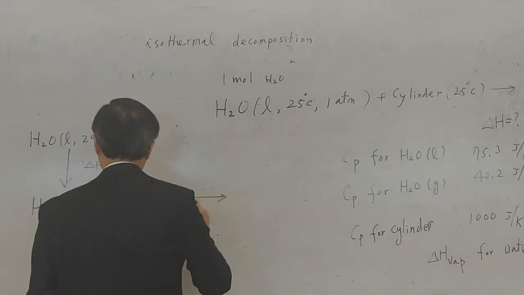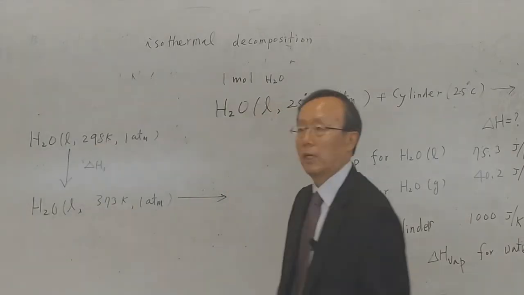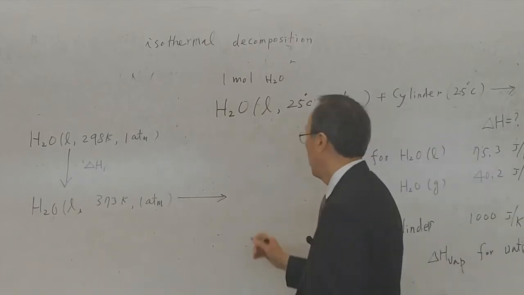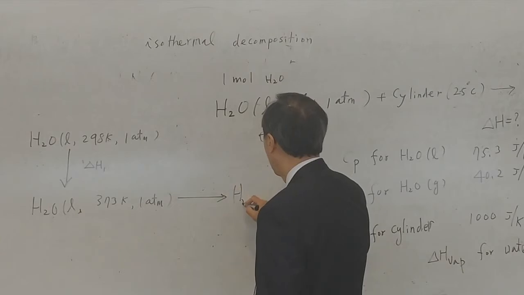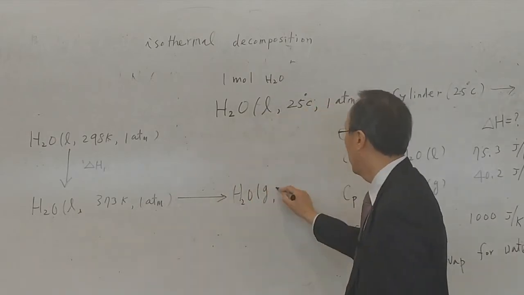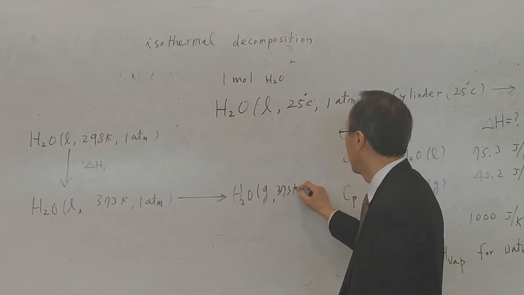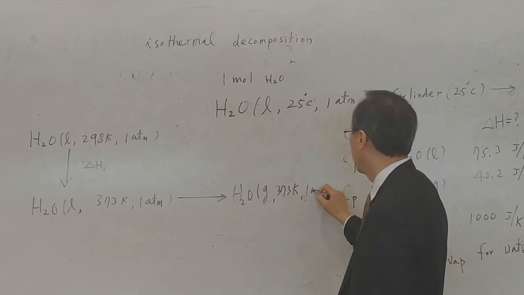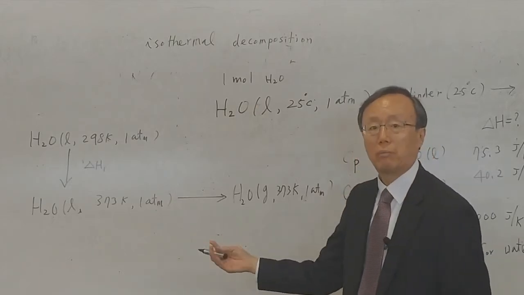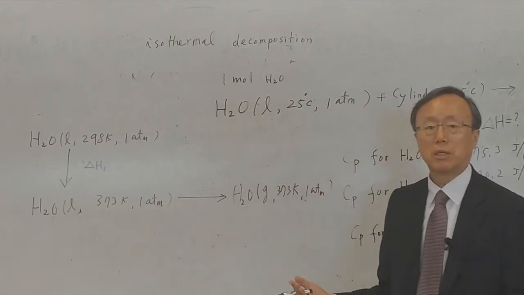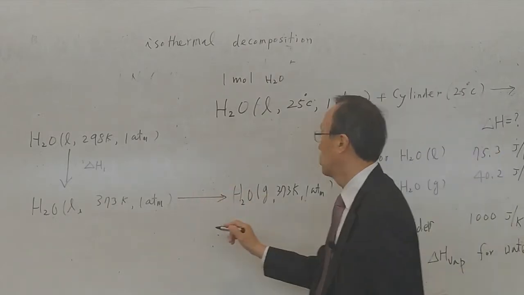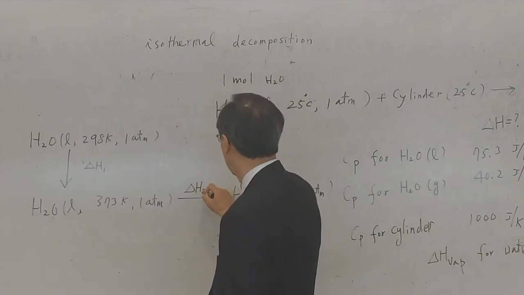Then at the same temperature, it becomes H2O gas state at the same temperature, 373 K, 1 atmosphere. This is vaporization. Vaporization occurs at the same temperature, 373 K. So this we call delta H2.